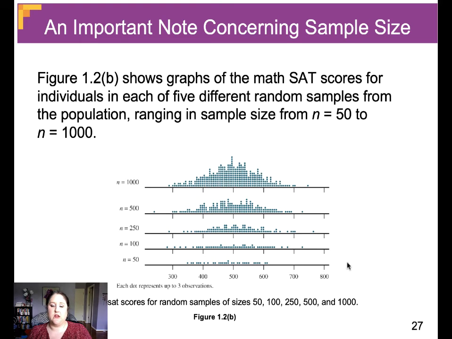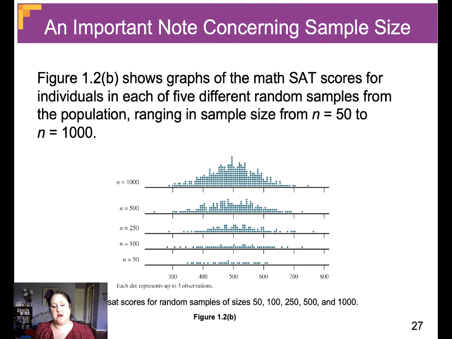The bottom one has a sample of 50. Then the next line is when we have our samples of 100. Then the middle line, samples are 250. Then second from the top, samples are 500, and from the very top, samples are 1,000.